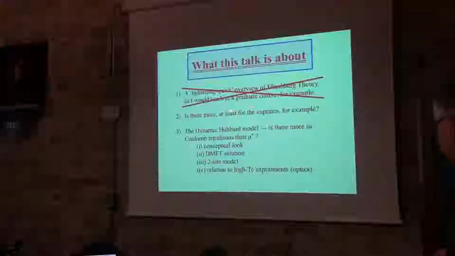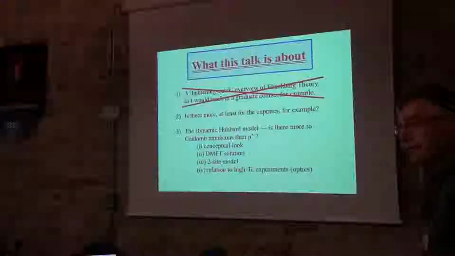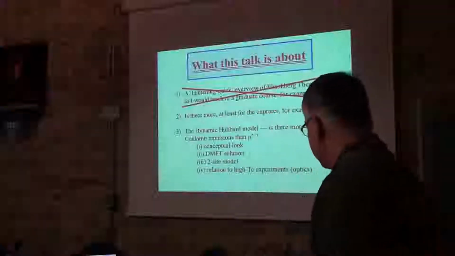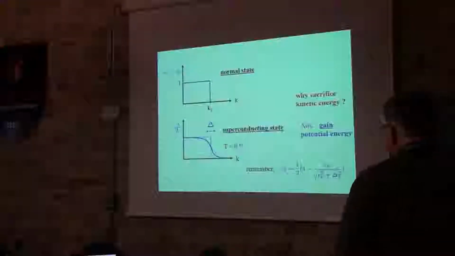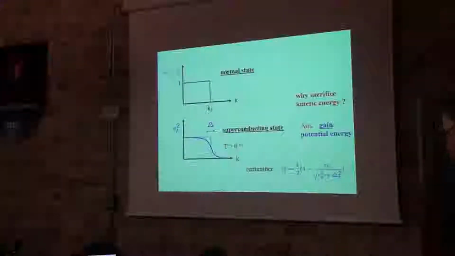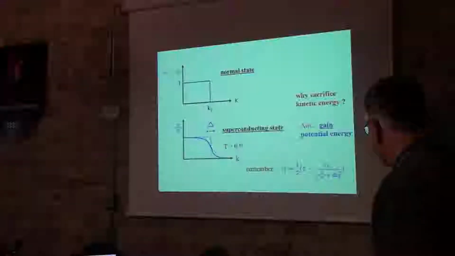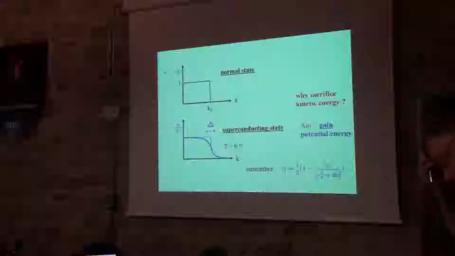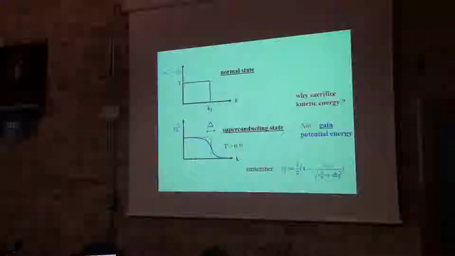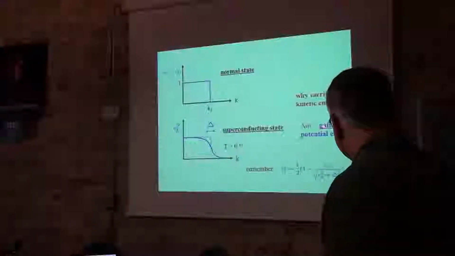So I'll use cuprates as a case study example, and then go through some various arguments, more qualitative than quantitative. The only thing I want you to recall from the conventional theory, because this will come into one of the experiments that I'll describe, which I think is a bit of a smoking gun still, even though it's more than a decade old, is this notion of conventional superconductivity being grounded in a sacrifice of kinetic energy so that we can gain potential energy.